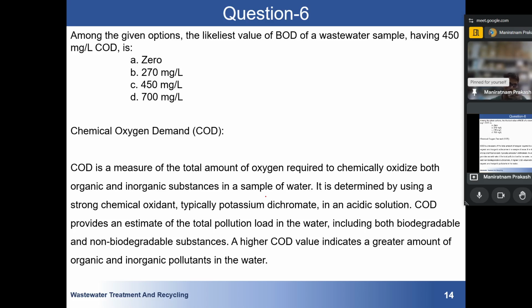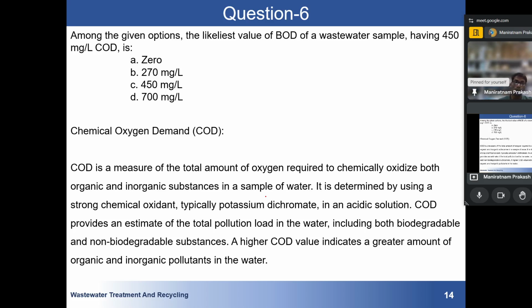Then there is a set of experiments. We use ferrous ammonium sulfate to titrate the system, and there will be a color change. Based on that color change we can identify how much FAS is consumed, and there is a formula, a whole procedure, where you can find COD.